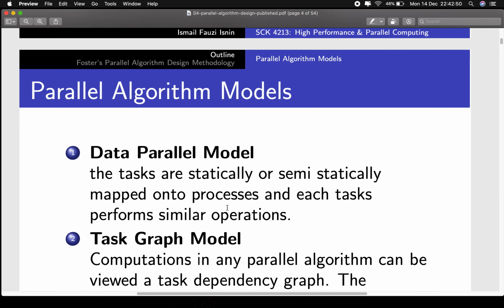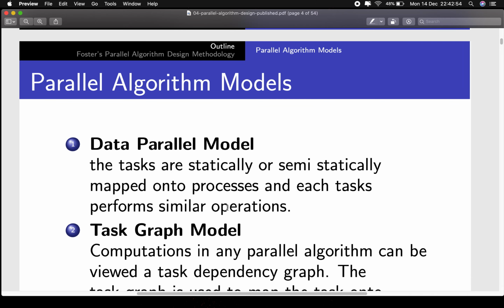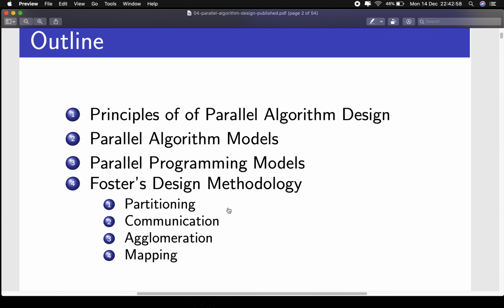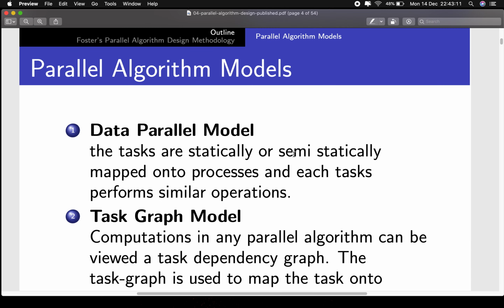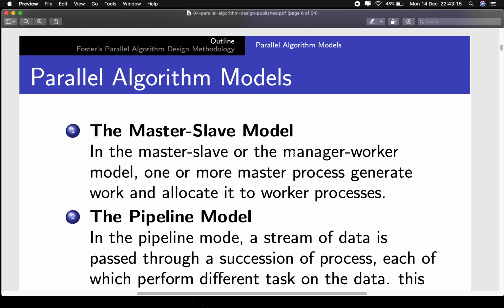As I already mentioned, it's more into theory. If you look at the outline, we have already touched on the principles of parallel algorithm design, the introduction. Now we are going to look into parallel algorithm models. Let me check.